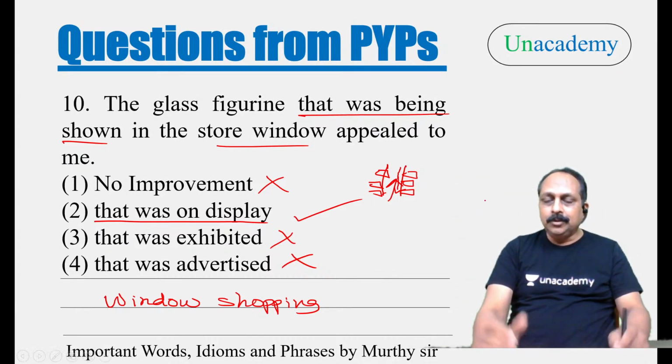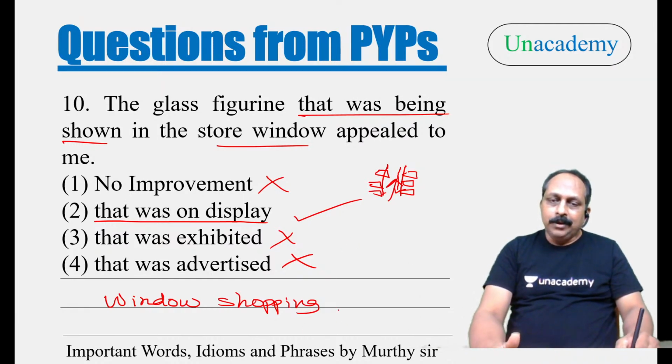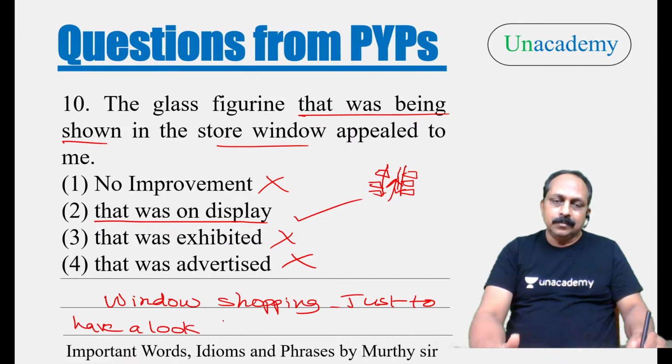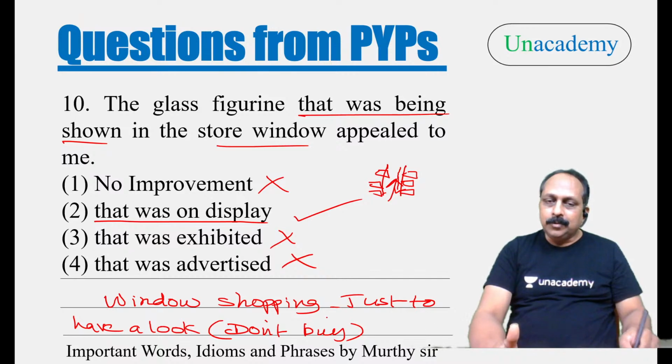Whatever is displayed. Usually, some shops have this. They have a look. They don't buy. Window shopping means just to have a look. They don't buy. That is known as window shopping. A lot of people do window shopping.